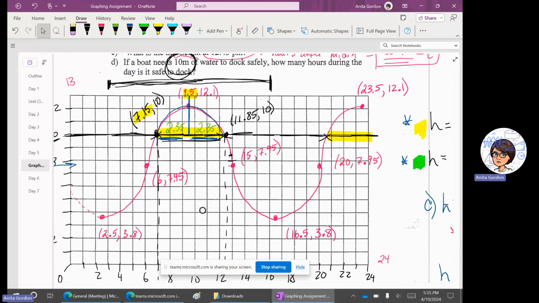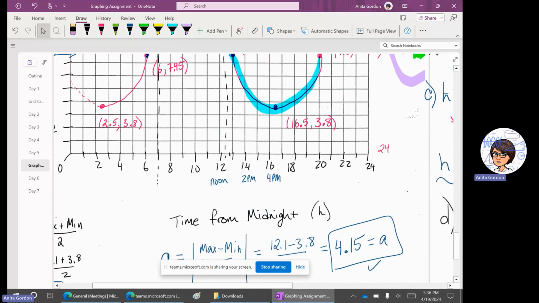Now, how do I find this point here? Well, I'm going to notice that this is one rotation, and then this is the start of the next rotation. So that means every point on the blue curve is 14 hours away from every point on the purple curve, right?